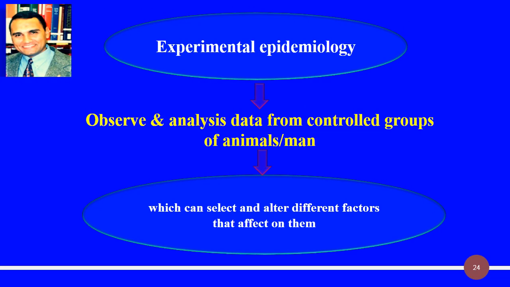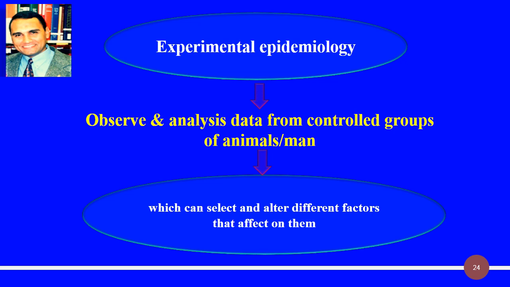Experimental epidemiology. In experimental studies of epidemiology, we determine through a controlled process the exposure of each animal or person in a clinical trial or in a population trial, and then track them over time to detect the effect of the exposure.